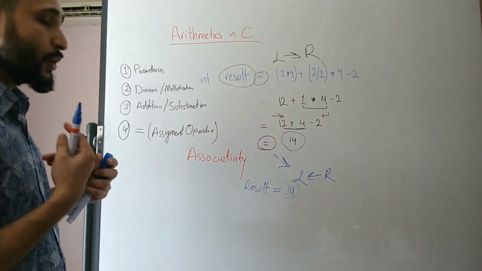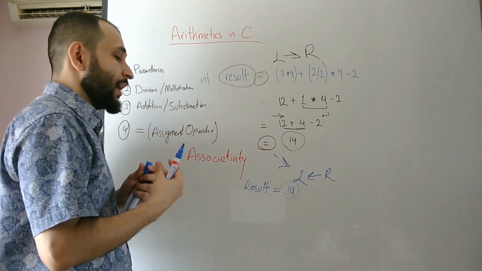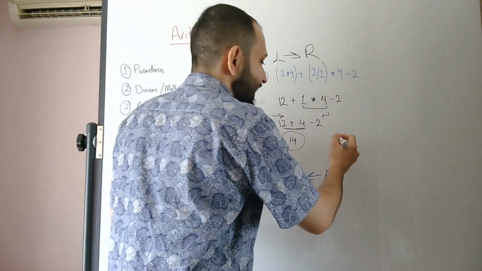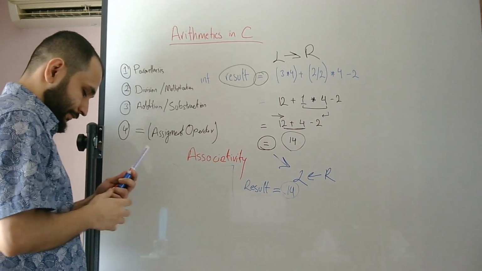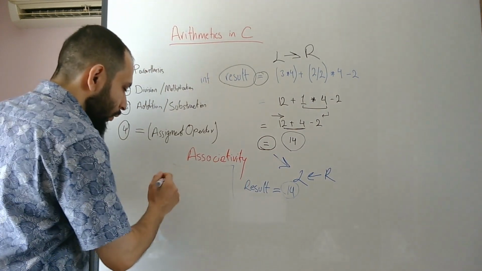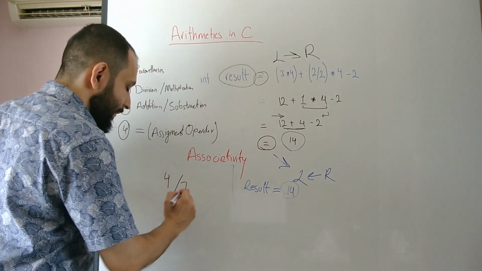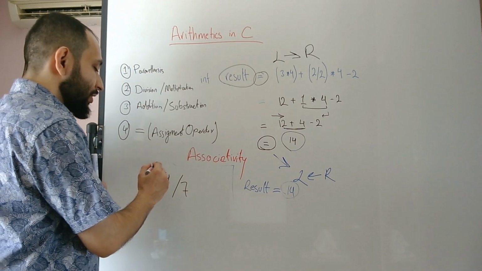Now, this associativity also makes a bit of difference for these other arithmetic operations as well. For example, when we say, let me write it down in here, 4 divided by 7, here you can see that the associativity is from left to right.